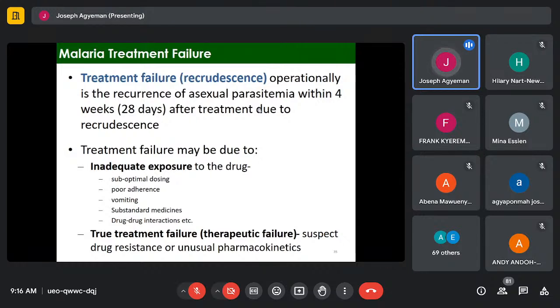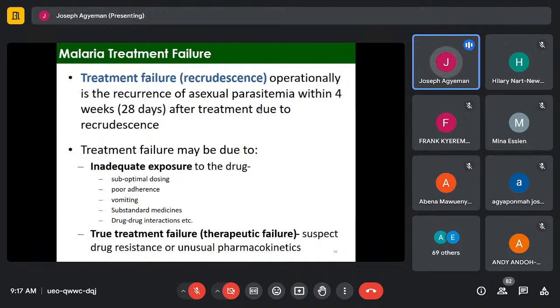So we tried managing the uncomplicated one with oral medications, basically the ACTs. You realize that nowadays the strategy is to use multiple first lines. There is no single ACT that is recommended. So you use multiple first lines. There is an introduction of a new one, that is artesunate pyronaridine, that because of limited data is not recommended in pregnancy.